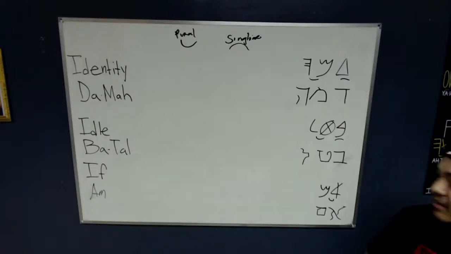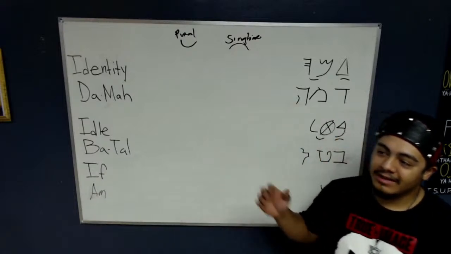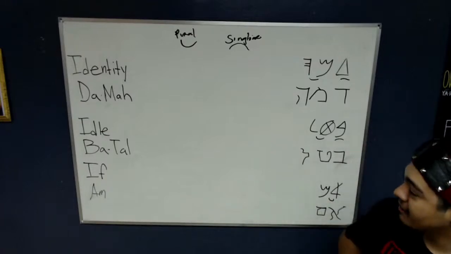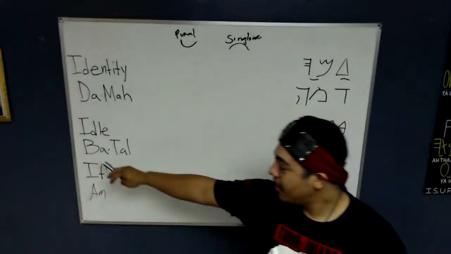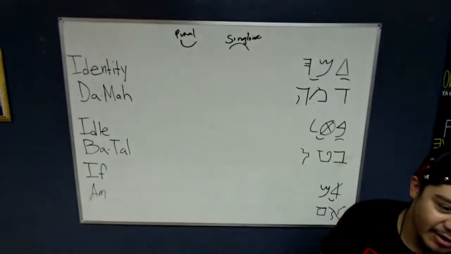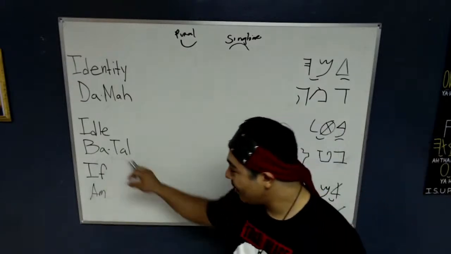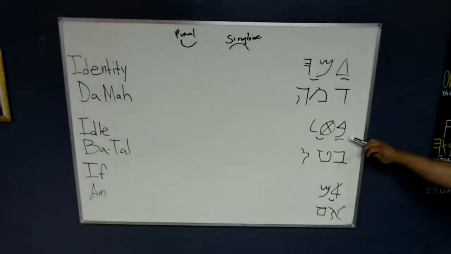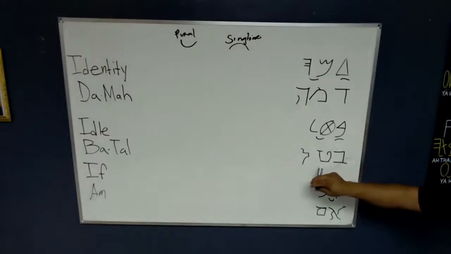So someone who's lazy, who like the Bible calls them a slacker or a sluggard, someone who's lazy, batal, you call them that. Batal, right? If, right? And, right? So batal, right?